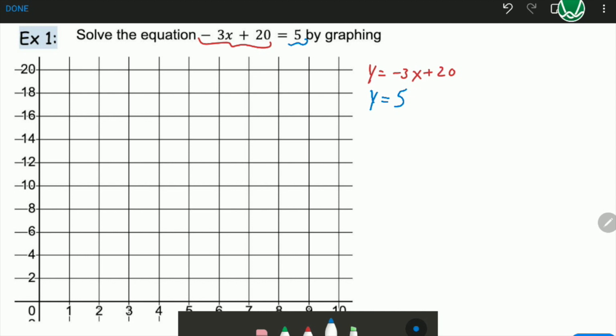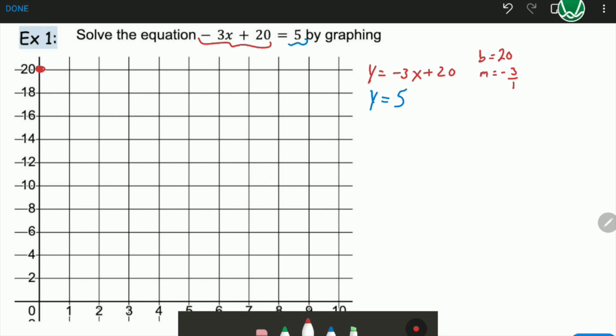So starting with the red one, the negative 3x plus 20, the y-intercept is b, or 20, and our slope is negative 3, or negative 3 over 1. So if I plot 20 on the y-intercept, we have it there.